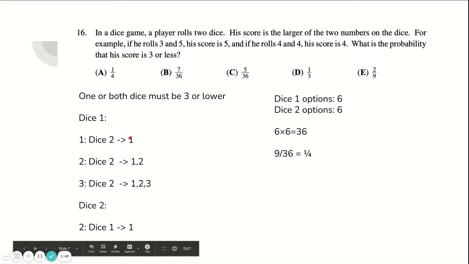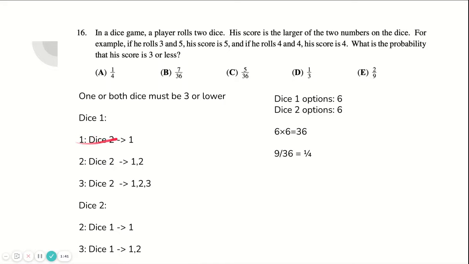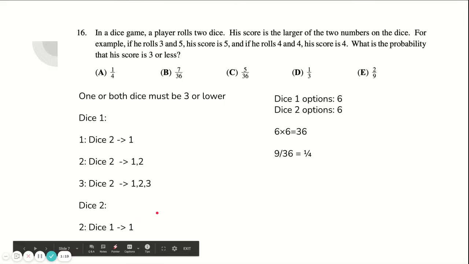So dice 1 can be 1 with dice 2 being 1, dice 1 can be 2 with dice 2 being 1 or 2, dice 1 can be 3 with dice 2 being 1, 2, or 3. These scores would all still be 3 or less. And because we don't want to repeat, we just have these numbers on the bottom.